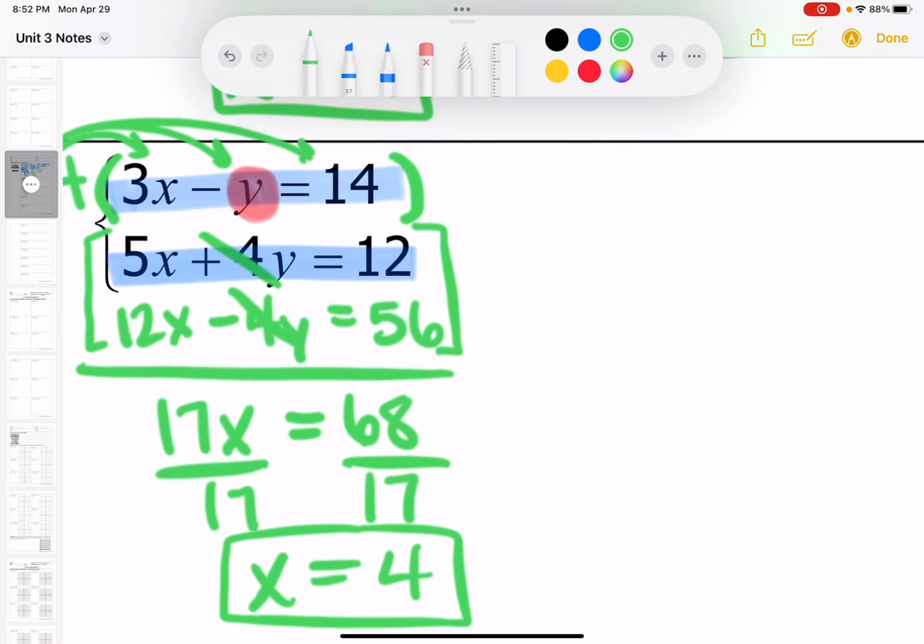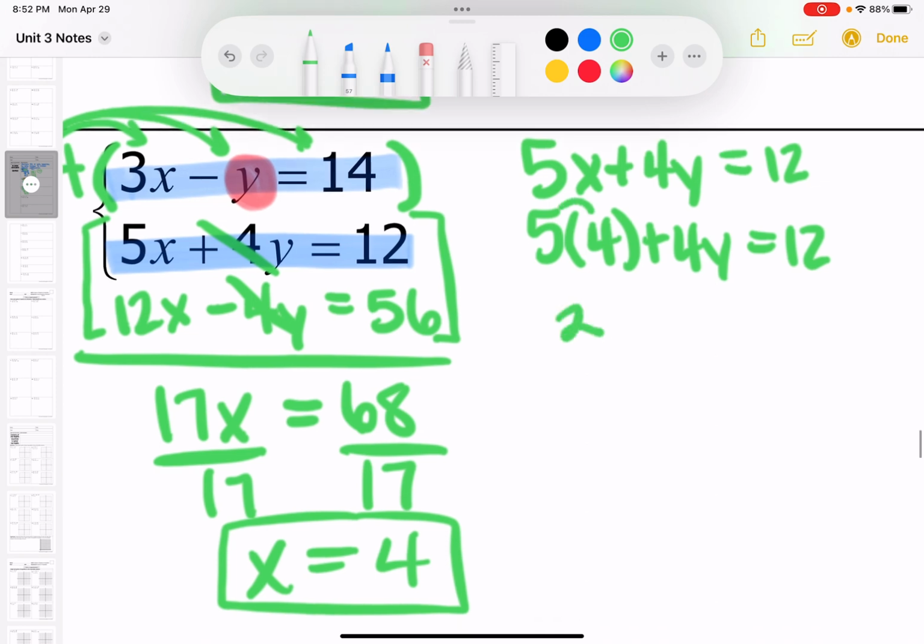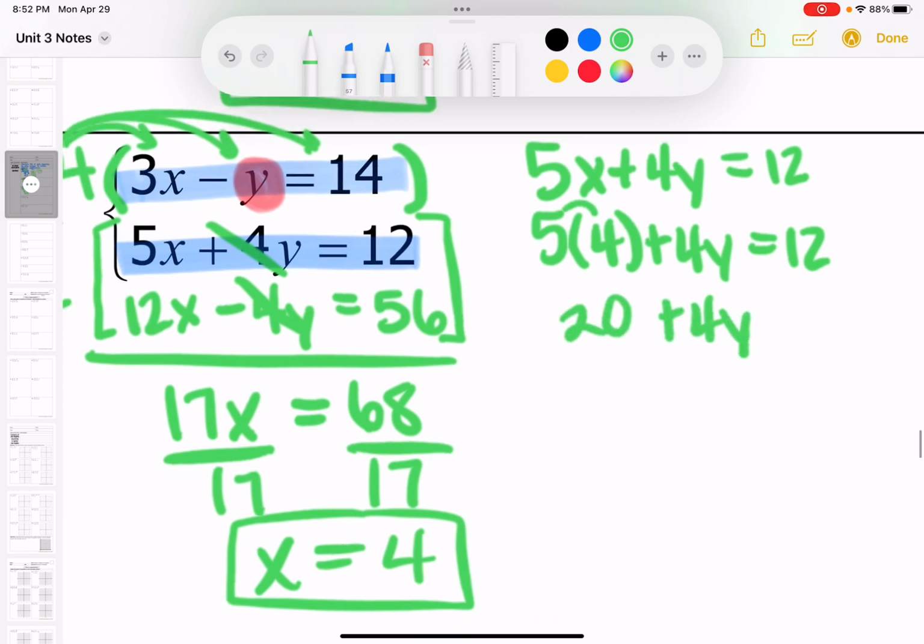I'm actually going to plug it into the second one this time. I'm going to multiply 5 and 4 together, and that gives me 20.